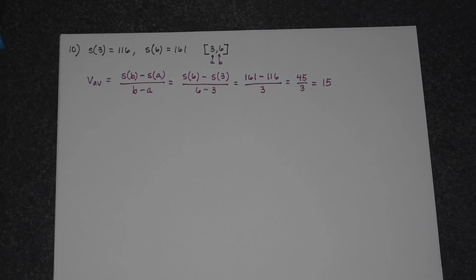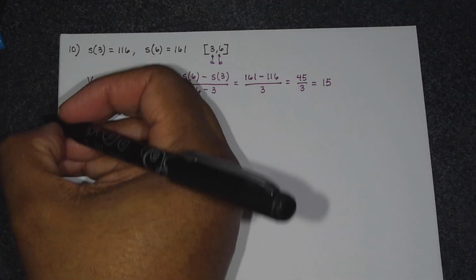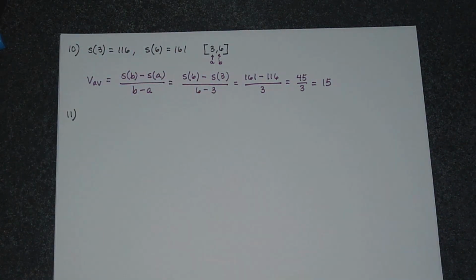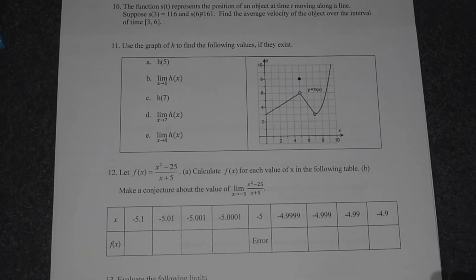Any questions about problem number 10? All right, number 11 is evaluating limits from a graph. It says, use the graph of h of x to find the following values if they exist.